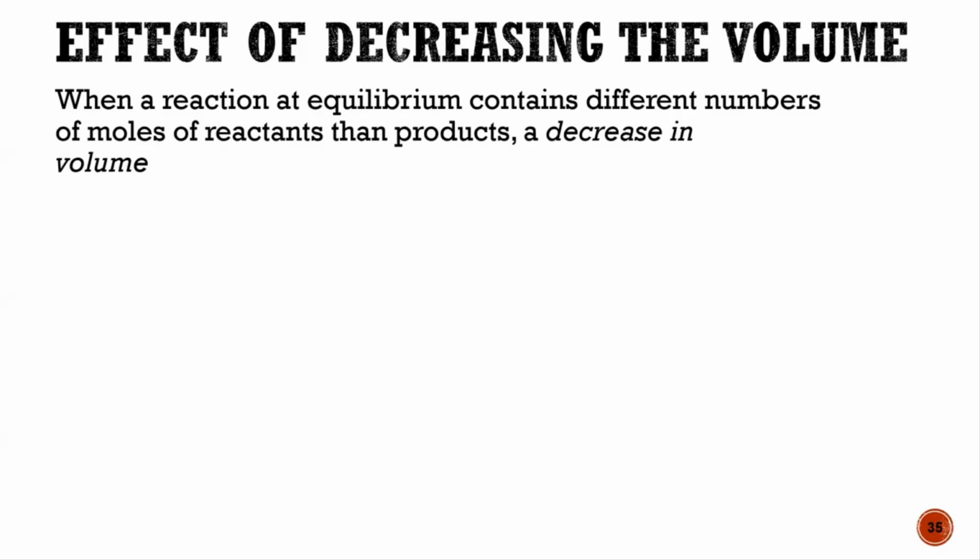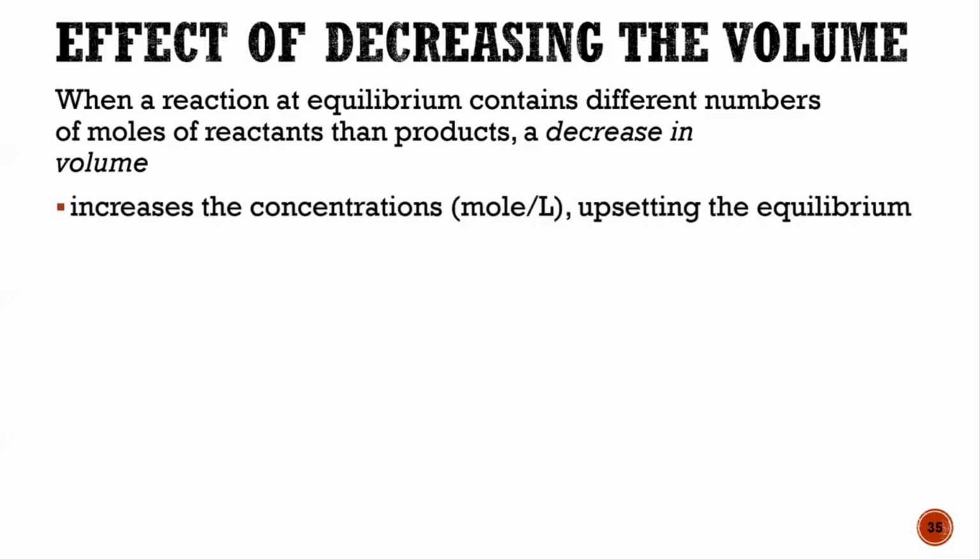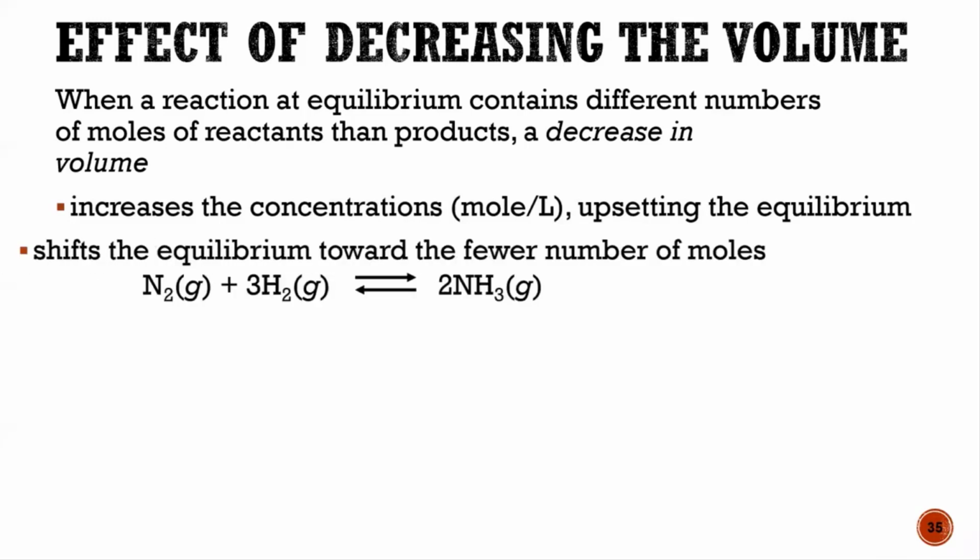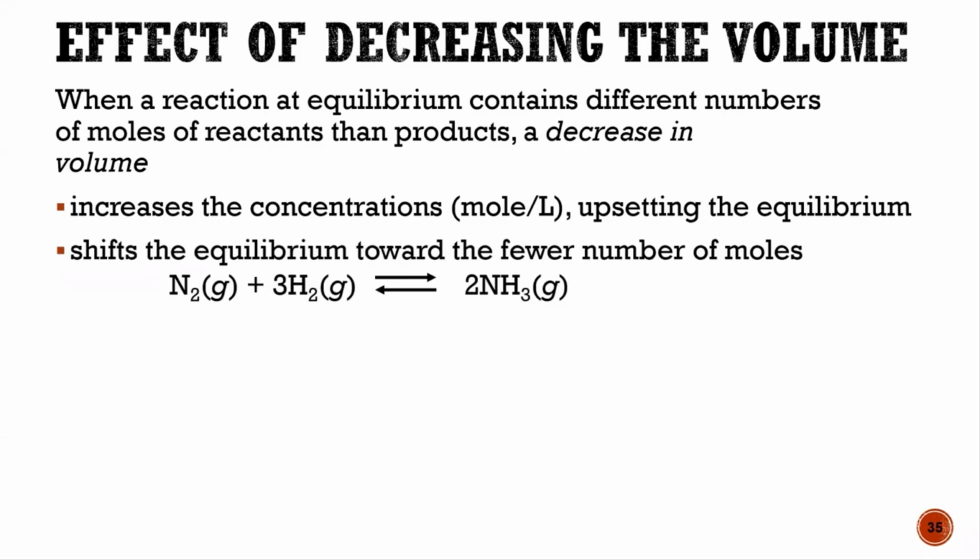So when a reaction at equilibrium has different moles of reactants and products, a decrease in volume is going to increase the concentrations, upsetting the equilibrium, and we're going to have a shift toward the side with fewer moles. So if I look right here, here are my reactants.